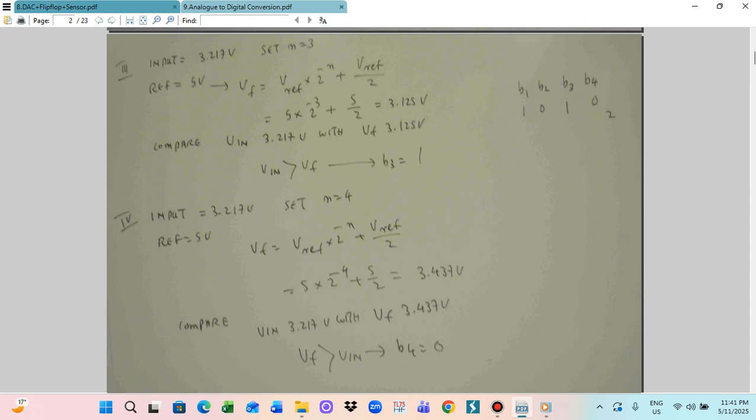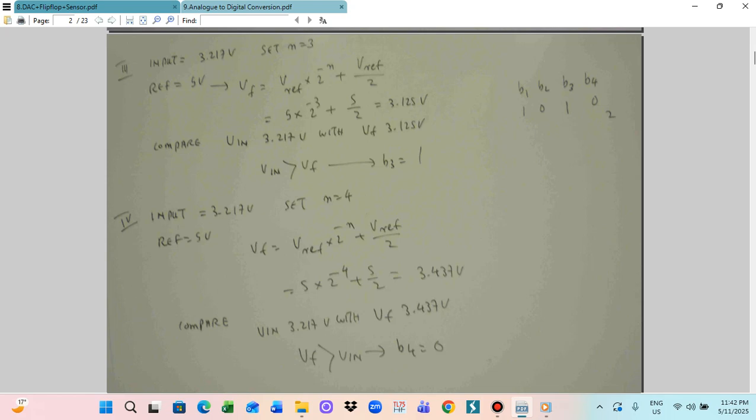3.437 volt. So then you compare Vn with Vs. The Vn value is 3.217. The Vs is 3.437. So in this case you can see that the Va is less than the Vs. Therefore, bit 4 is equal to 0.